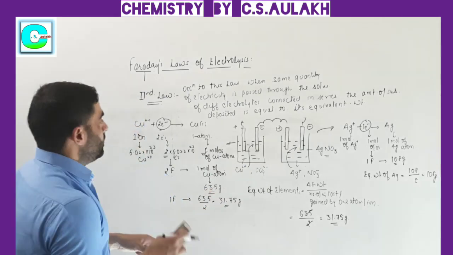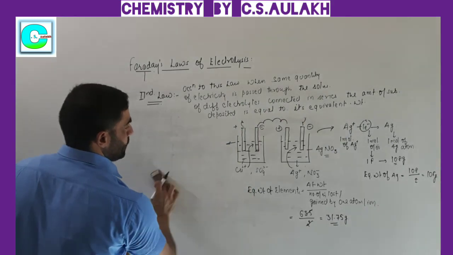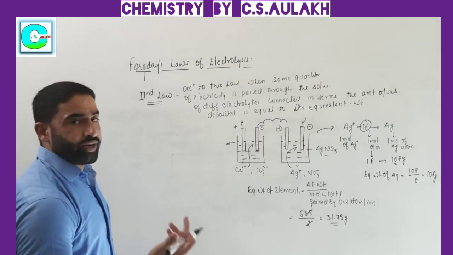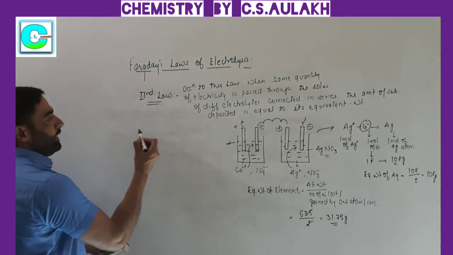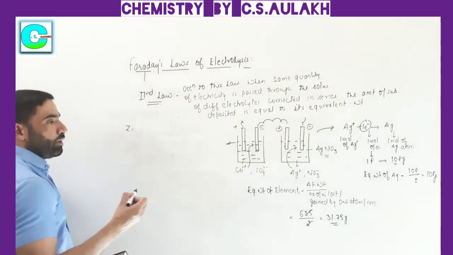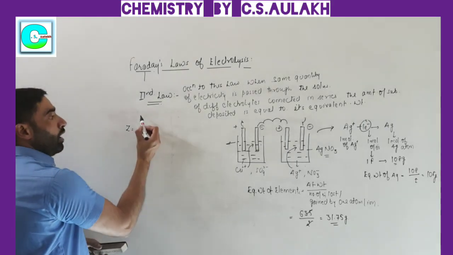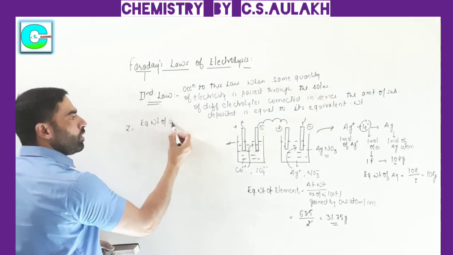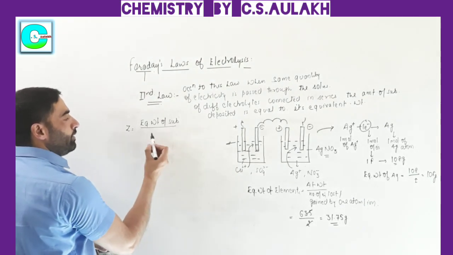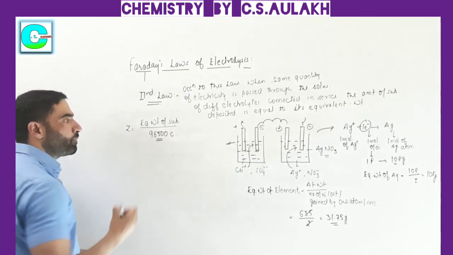So we can say Z is called the electrochemical equivalent. Electrochemical equivalent Z can be directly calculated if we divide the equivalent weight of the substance, that is the element, by 96500 coulomb.